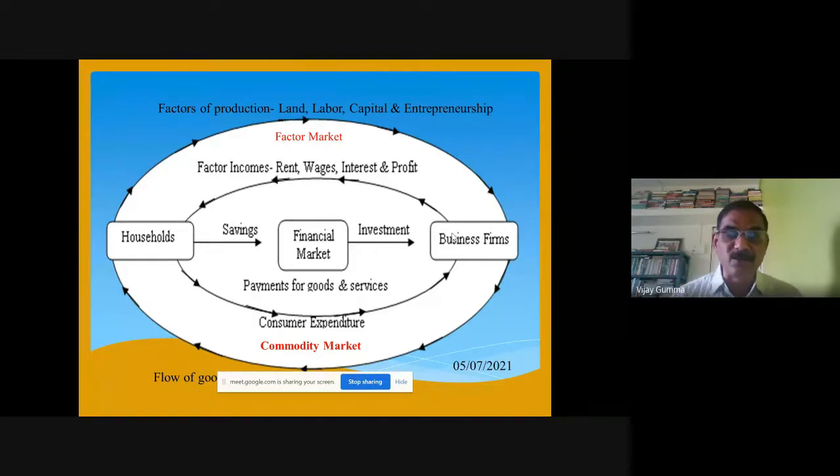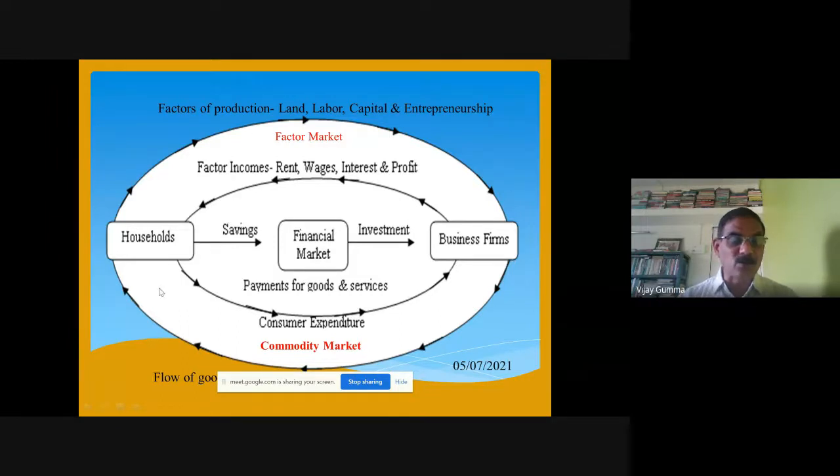Let us now try to understand. See, expenditure of the business firm sector in the form of rent, wages, interest, and profit is the income of the household sector.